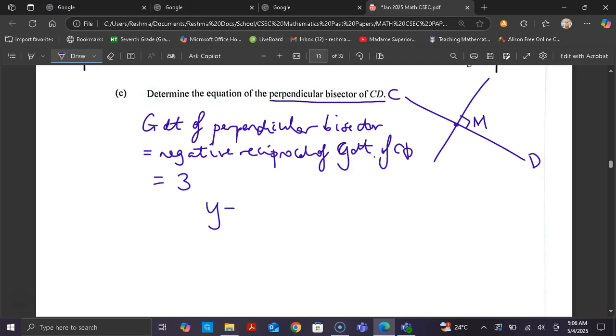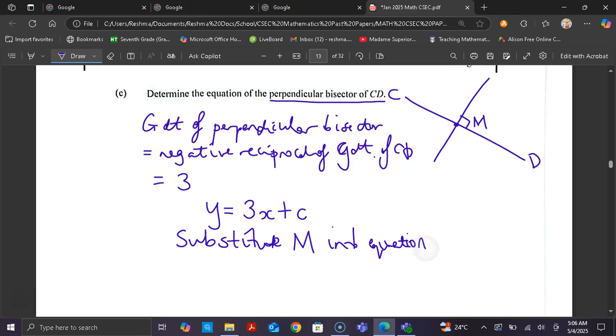So therefore, the equation of the perpendicular bisector would be y is equal to 3x plus c. To find the value of c, we substitute the only point that we know lies on the perpendicular bisector, which is the midpoint M of the line segment CD. So let's go back up to the top.